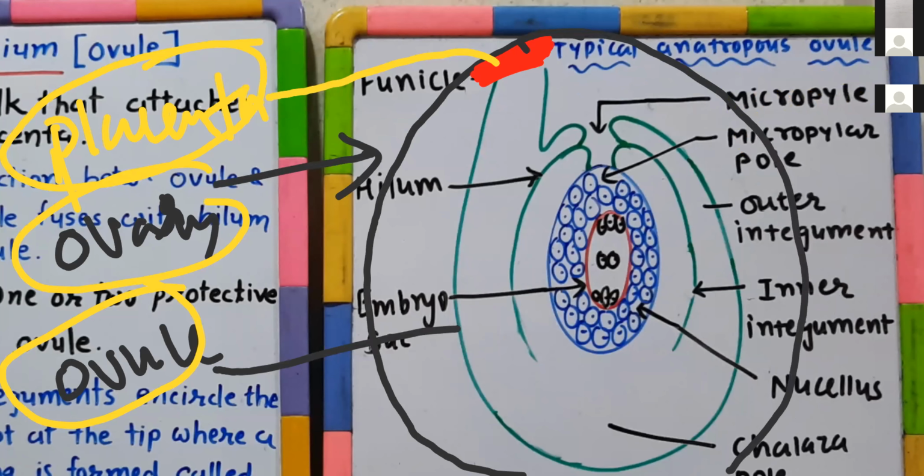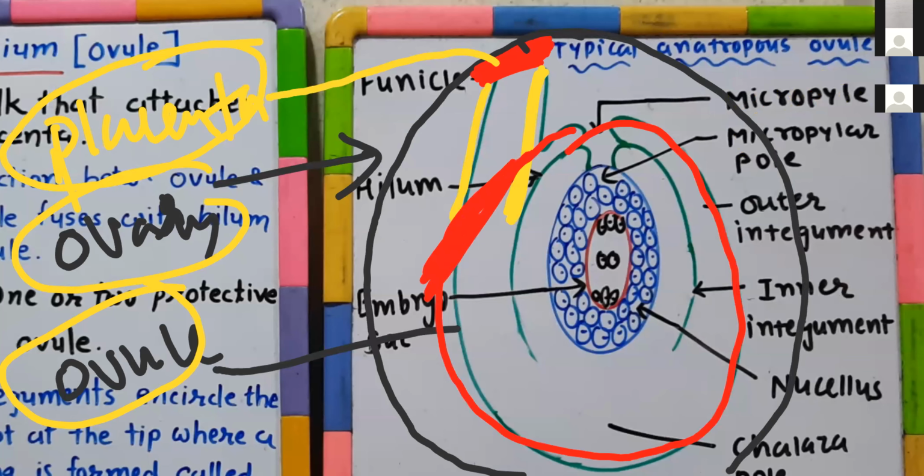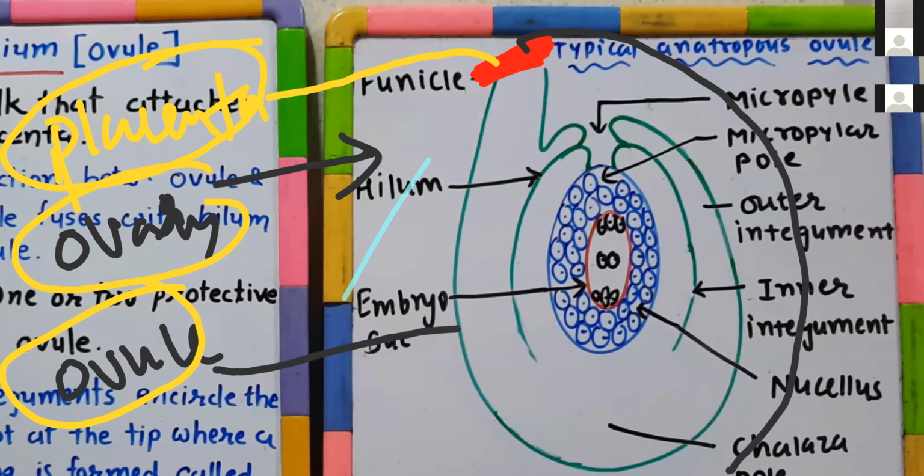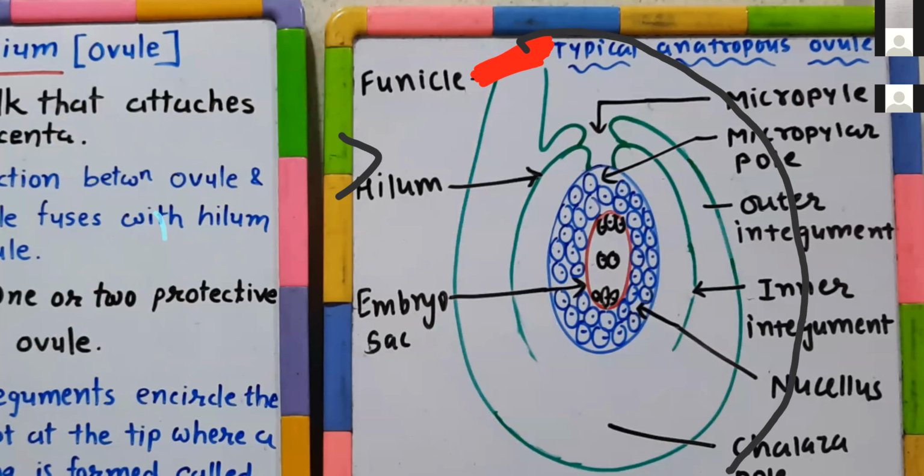The point where this funicle, the stalk, remains attached to the ovule, that part is termed hilum. Let me explain this hilum.